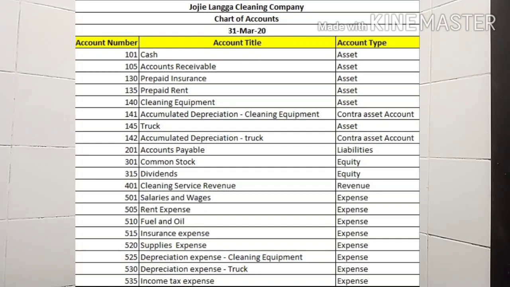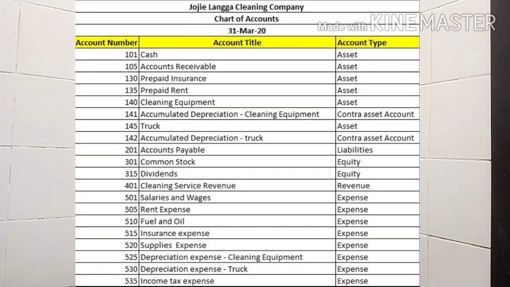We need these account titles: cash, accounts receivable, prepaid insurance, prepaid rent, cleaning equipment, accumulated depreciation cleaning equipment, truck, accumulated depreciation truck, accounts payable, common stock, dividends, cleaning service revenue, salaries and wages, rent expense, fuel and oil, insurance expense, depreciation expense cleaning equipment, depreciation expense truck, income tax expense.